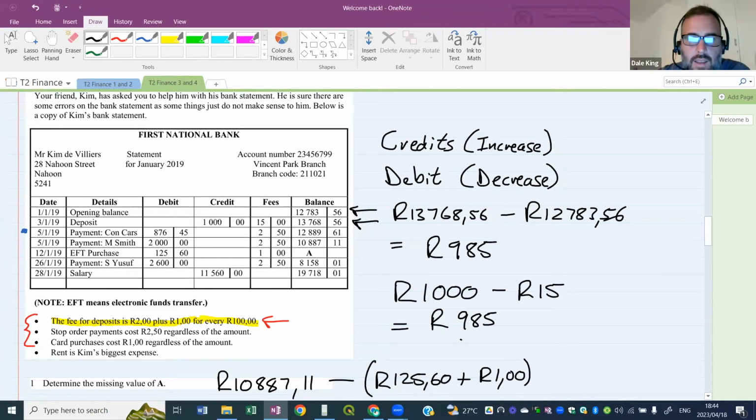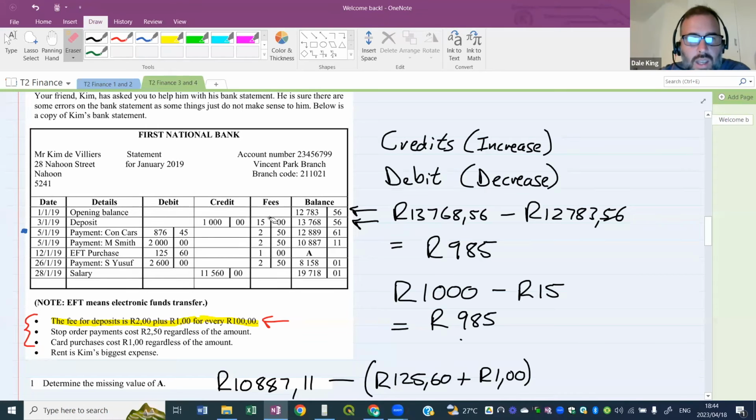And if I add 1,000 minus the fee, which is also 985, then they've changed the bank balance correctly according to those two values. If these two values are wrong, they've changed the bank balance according to the wrong values. I think they've done the bank balance change correctly to those two values provided.